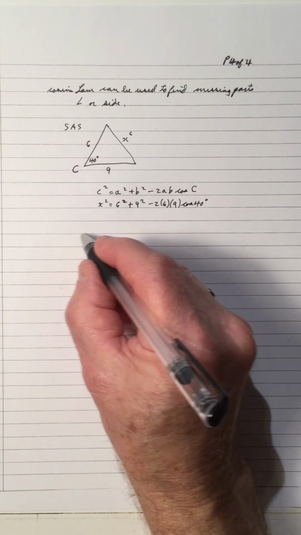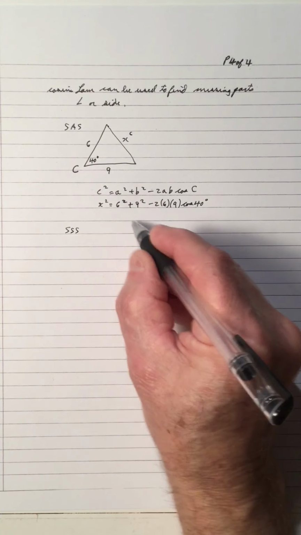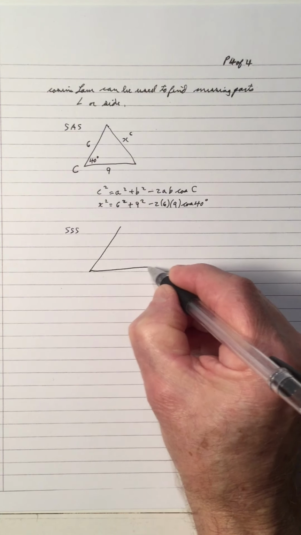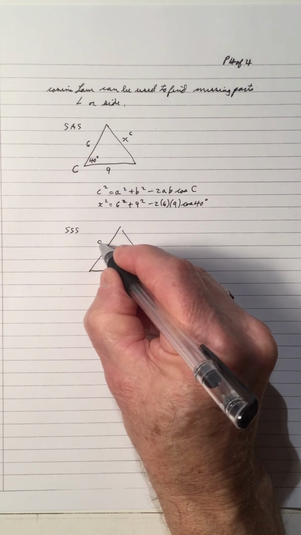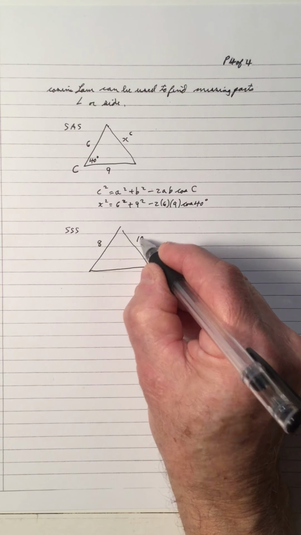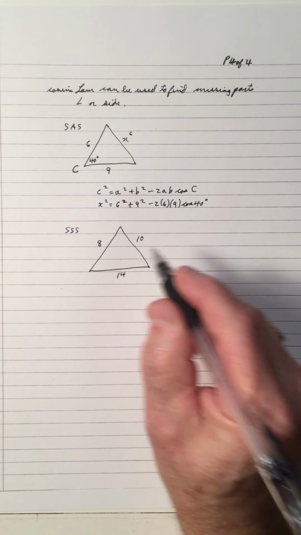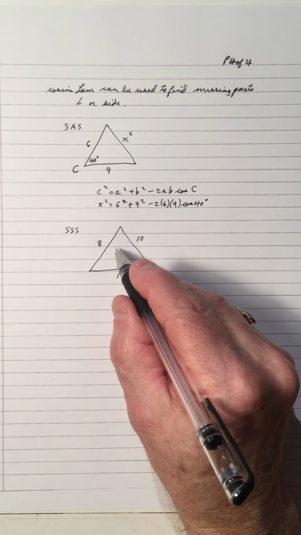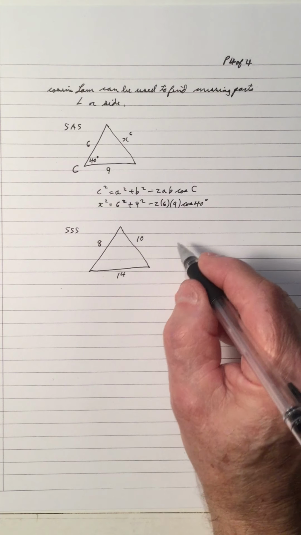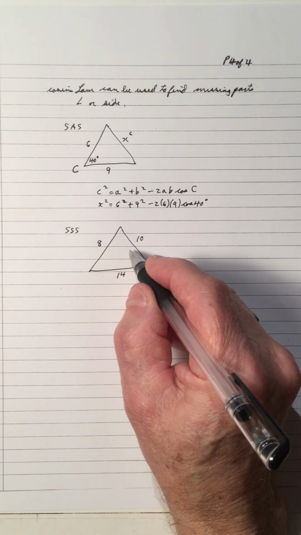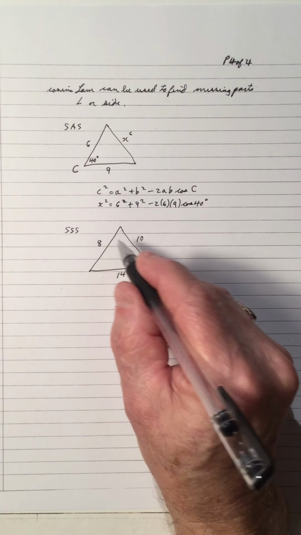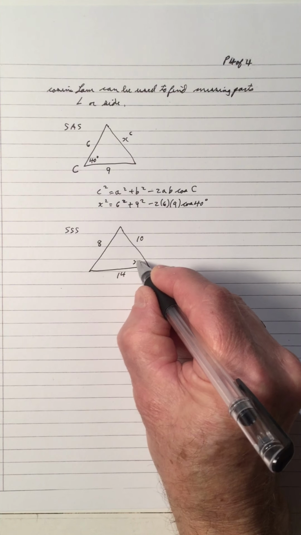And another triangle is an SSS. That means you have a side, a side, and a side. Notice it's 3 sides, but there are no angles. It's not a right triangle. You can't use the sine law, so you have to use the cosine law. So which angle do you want? Let's put x right here.